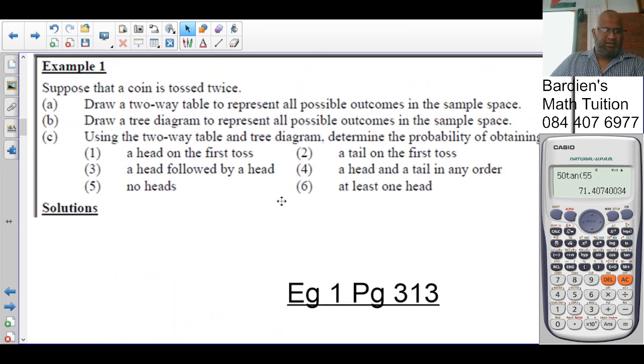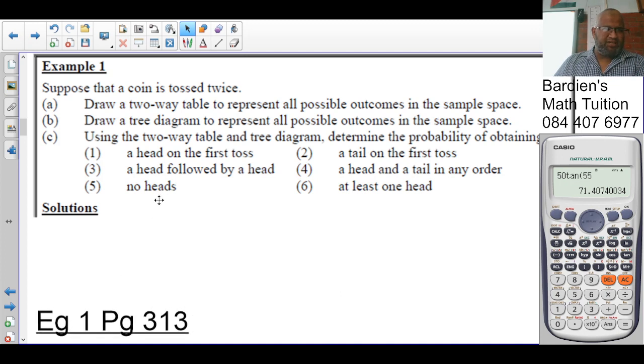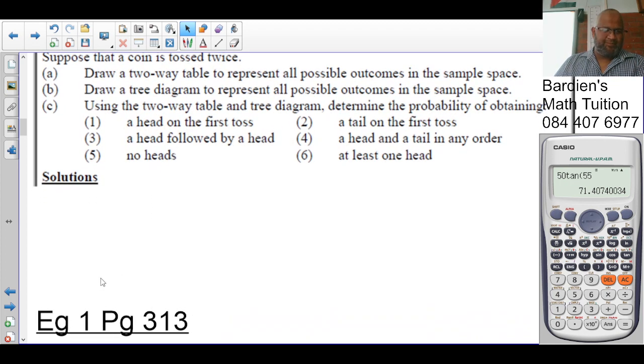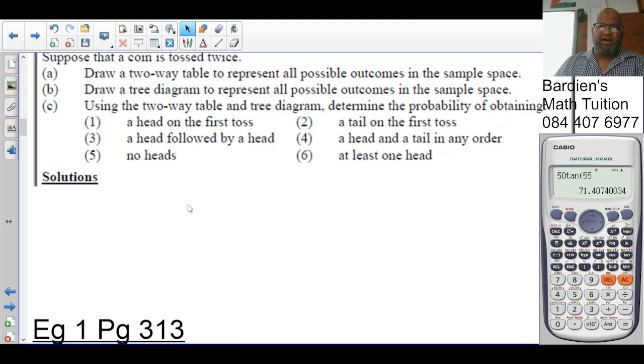Here we are told that suppose a coin is tossed twice. Use a two-way table to represent all possible outcomes in the sample space. So if we look at a two-way table, it looks as follows.